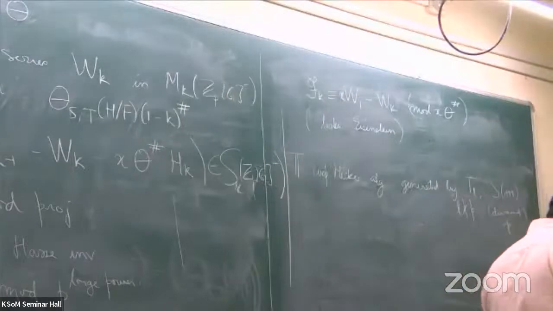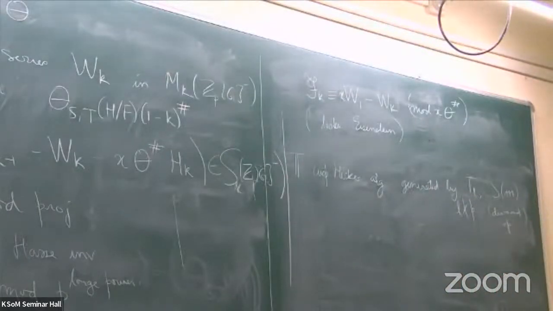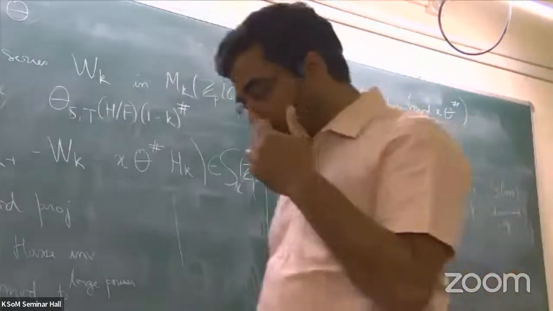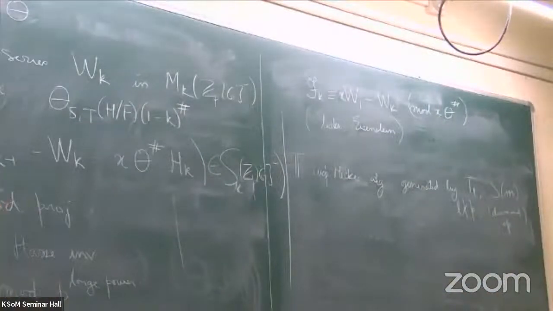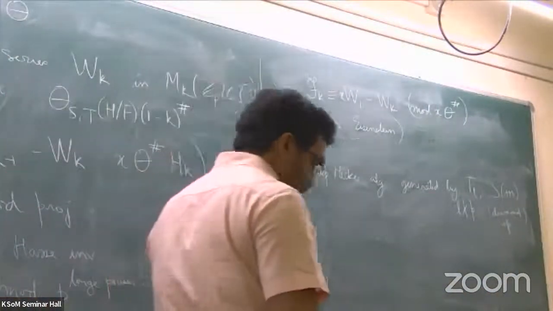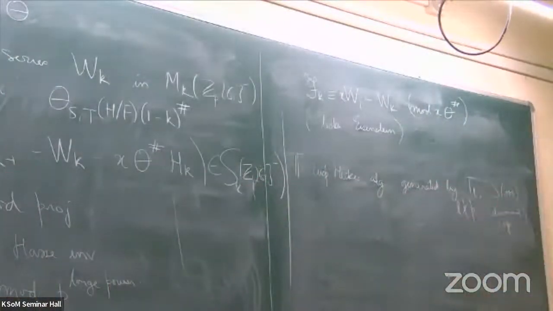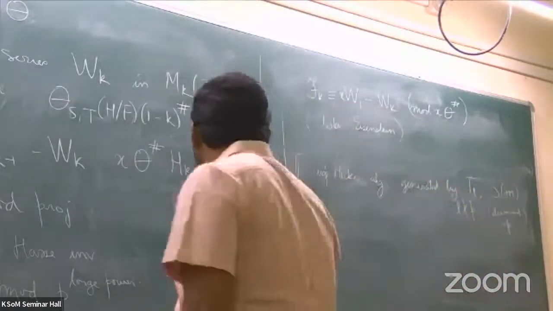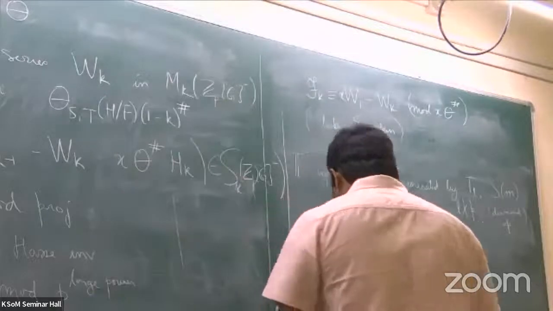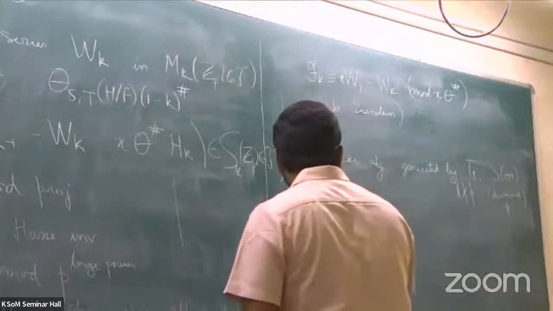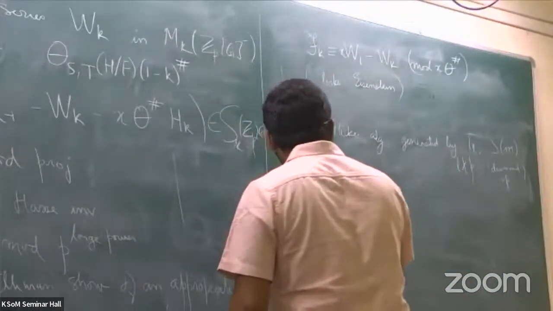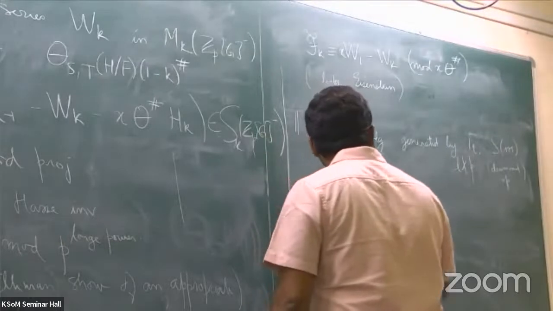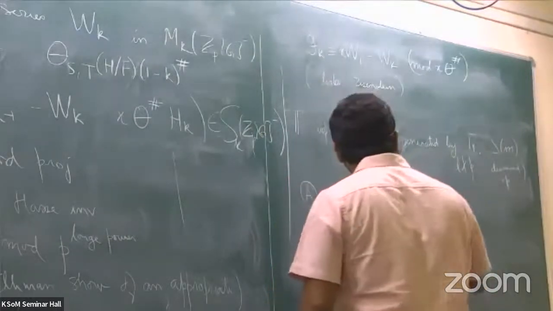So this cusp form gives us two things. It gives us a homomorphism from the Hecke algebra into some nice ring that we are going to use. And the second thing it gives us is a Galois representation. Okay, so let me write down these two things. One, there exists a homomorphism from this.